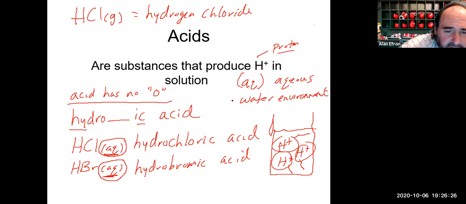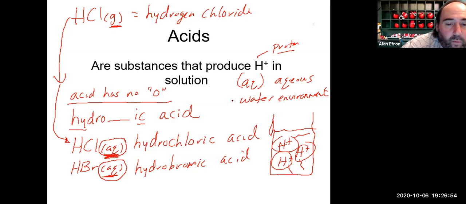So the difference between that guy and the bottom guy is that the aqueous symbol indicates that it is in solution, and thus the H plus has been liberated and freed, and it is an acid at that point. That, by the way, is how you make hydrochloric acid. You take a little hydrogen chloride gas and you bubble it in water. And before you know it, you get some hydrochloric acid.